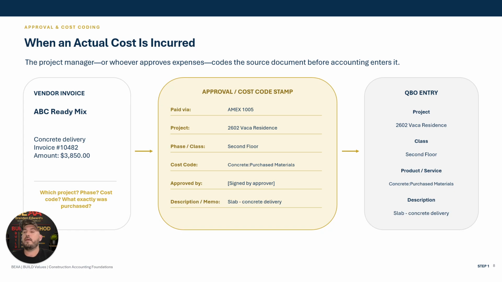So what I have my staff do here at the firm for any project that we work on, or any premium clients that we're engaged with, is whenever we receive an invoice, right? This is an example. We got concrete, this invoice number, this was the amount.